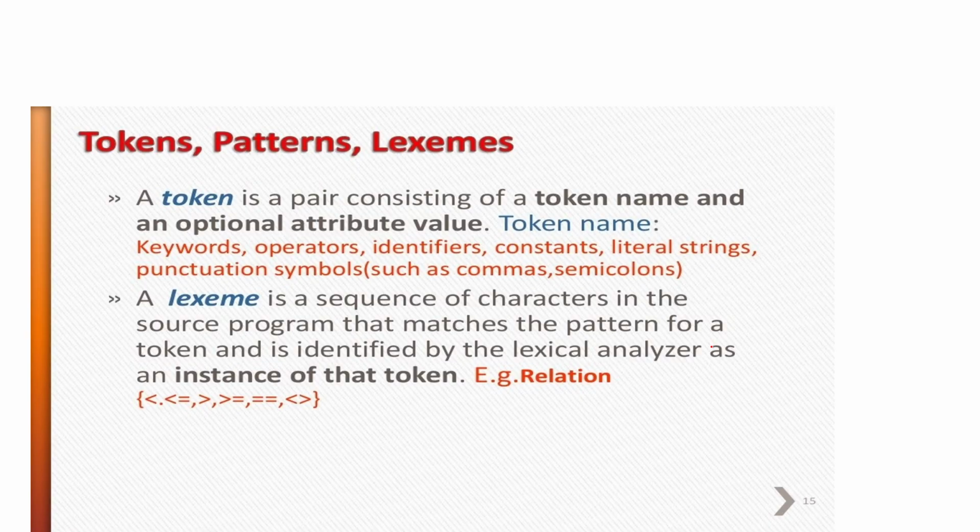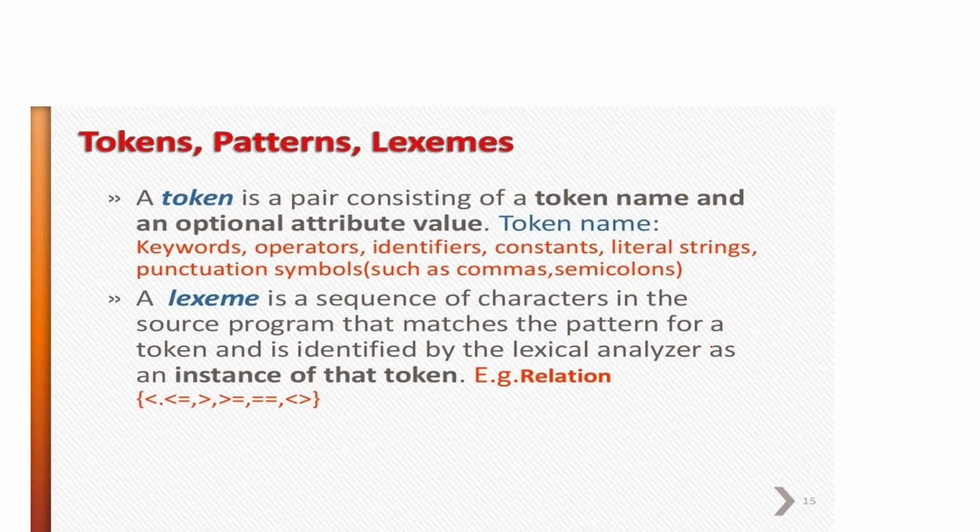Operators are of different kinds, like arithmetic operators and relational operators. Arithmetic operators mean addition, subtraction, multiplication, division, and modulus, that is plus, minus, star, slash, and percentage. Similarly, relational operators are less than, equal, not equal, and greater than; these symbols are called relational operators. Then identifiers.